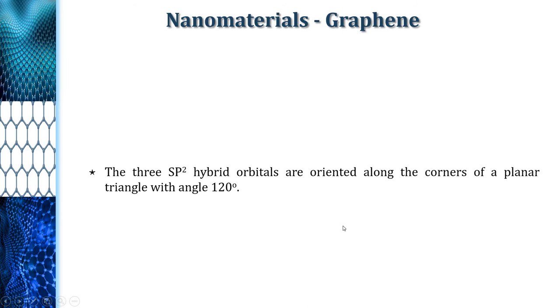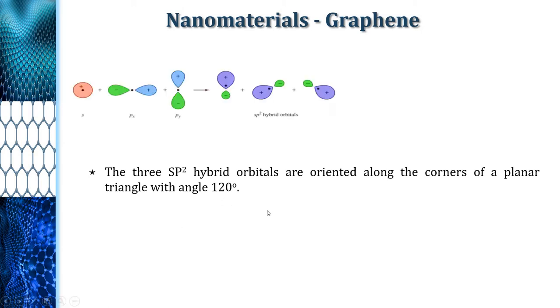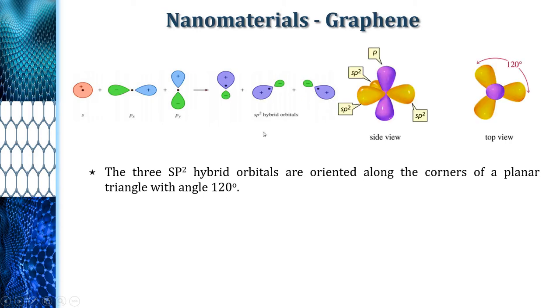The angle between these sp2 hybrid orbitals is 120 degrees. So this is how the combination is taking place: s orbital, px and py orbitals combining to form 3 sp2 hybrid orbitals.